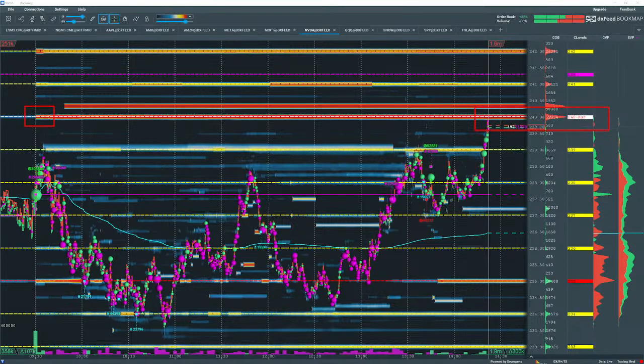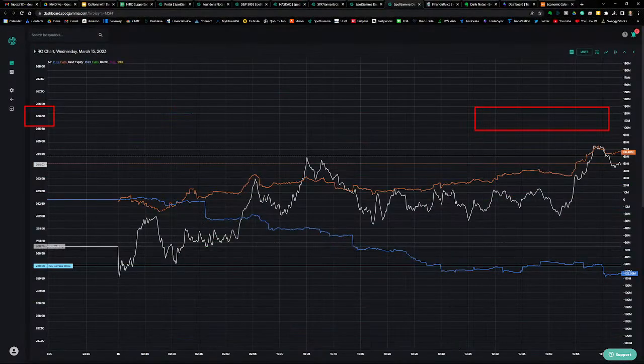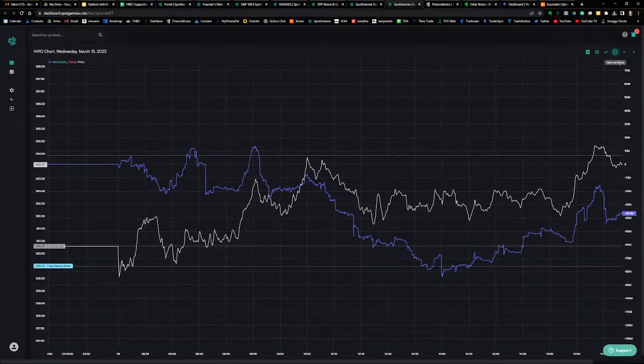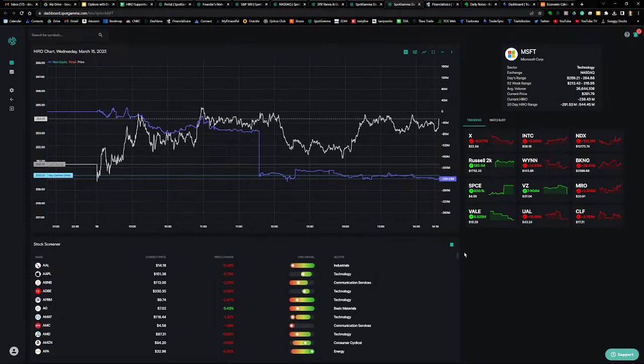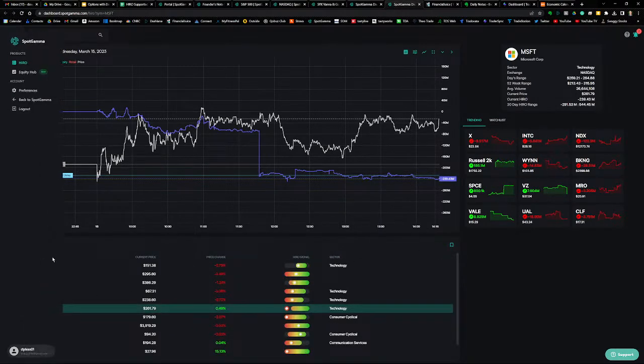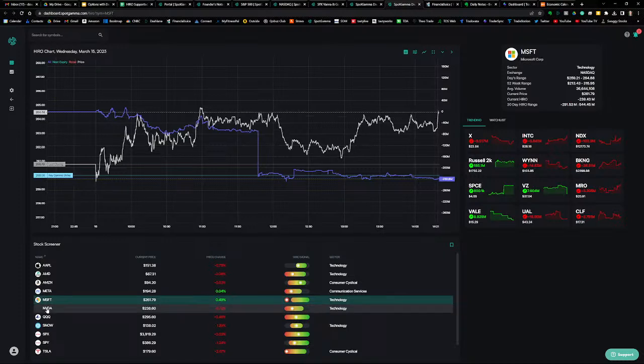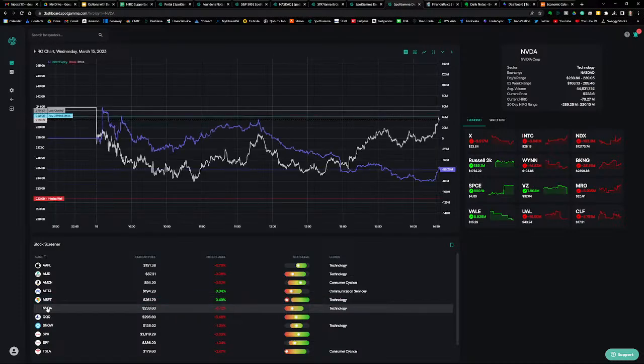All right, let's go take a look at Hero now for NVIDIA. And here's NVIDIA confirming shorts and longs.